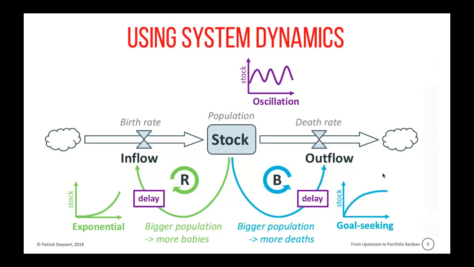So you start having an oscillating behavior of the temperature of the water. This type of system can be found everywhere. For example, the boom and bust cycles in the economy are also a result of delays in reinforcing and balancing loops in the economy. So it's a very pervasive type of system that we can experience.